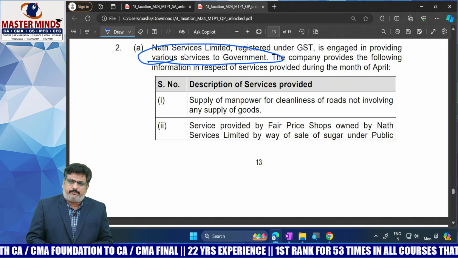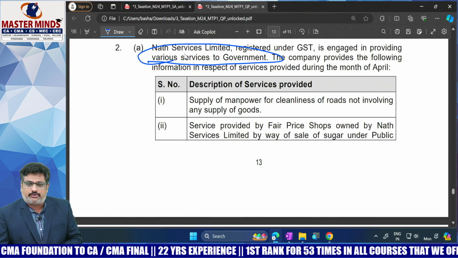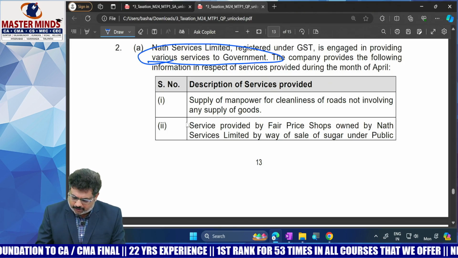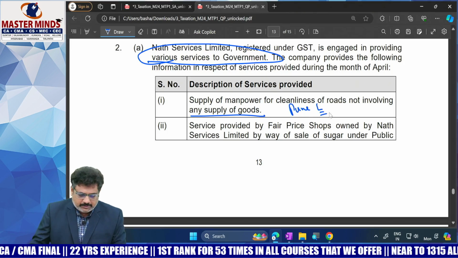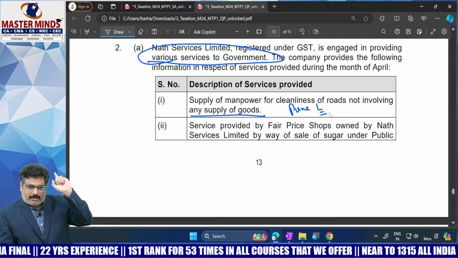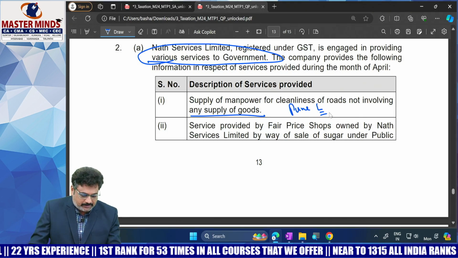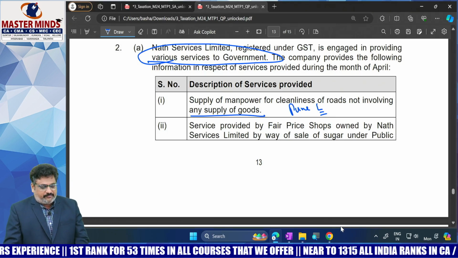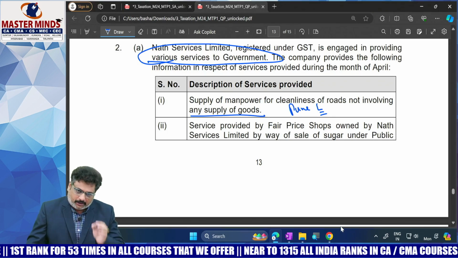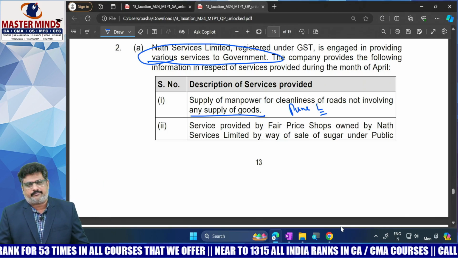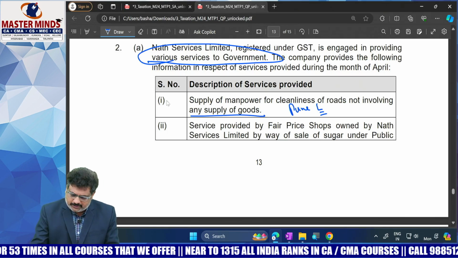Supply of manpower for cleanliness of the roads not involving any supply of goods. That means it is a pure labor contract. If it is a pure labor contract, you need to check the exemptions. Pure labor services provided to government are exempt. So that's why it is exempt.